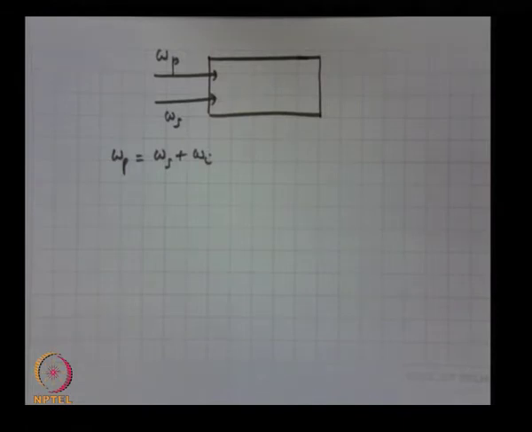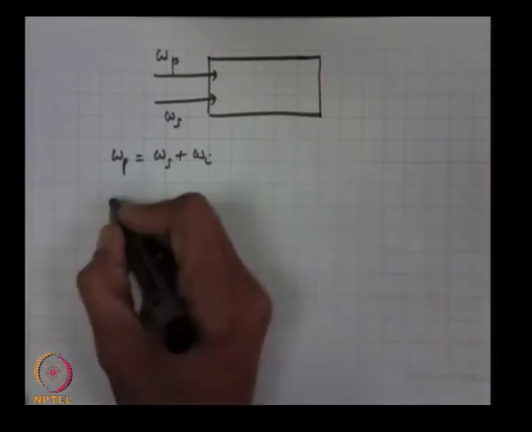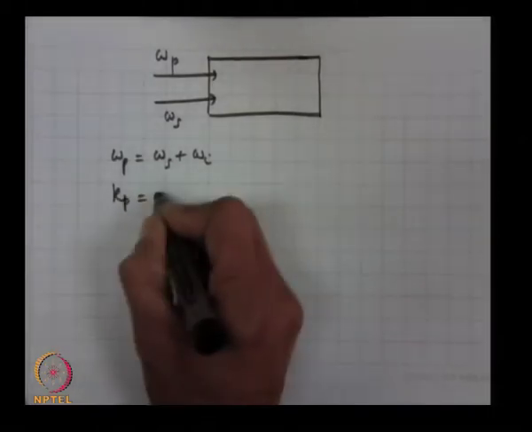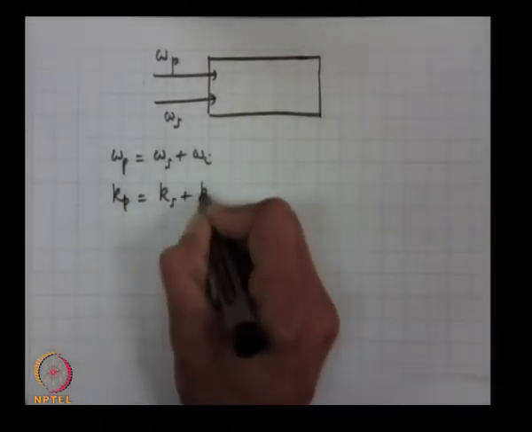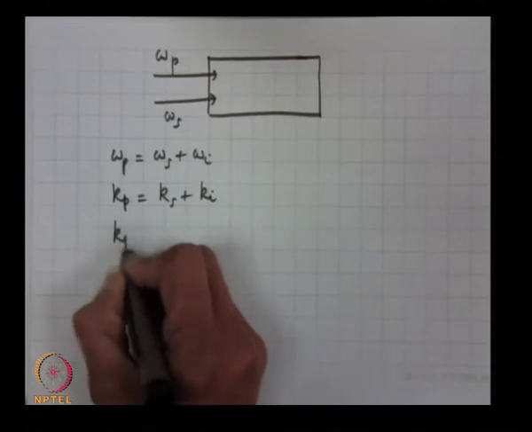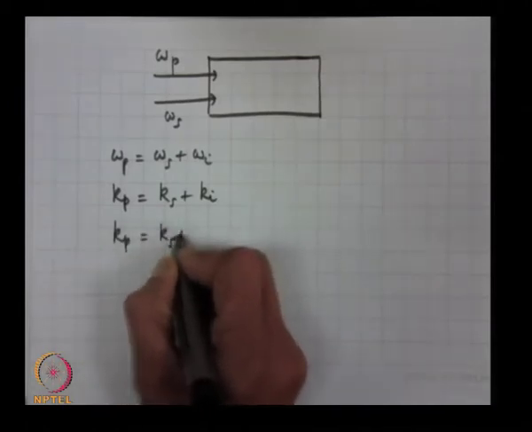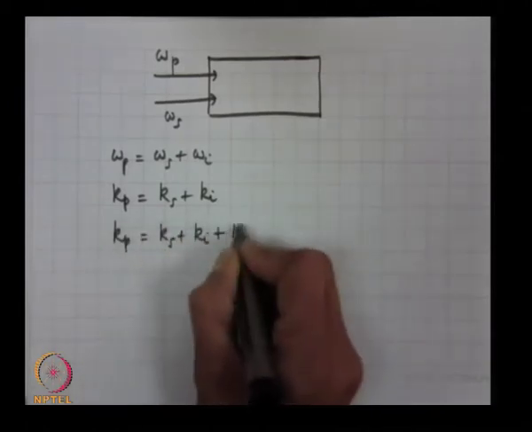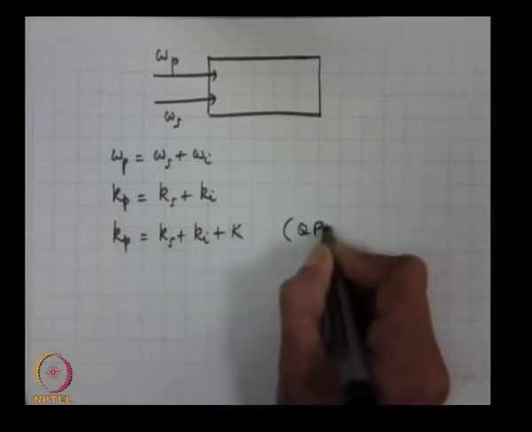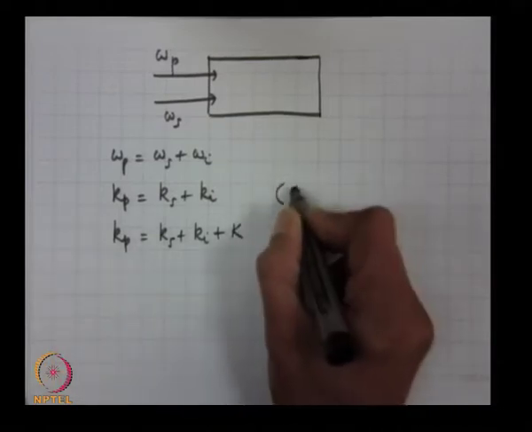And also we have seen that we need to satisfy the condition Kp is equal to Ks plus Ki, or Kp is equal to Ks plus Ki plus K. This is QPM. This is birefringence phase matching.